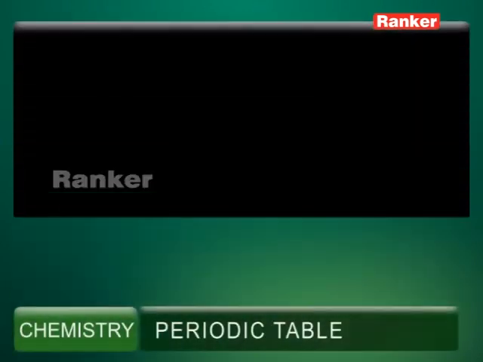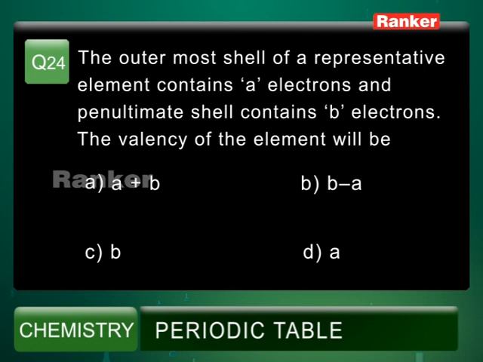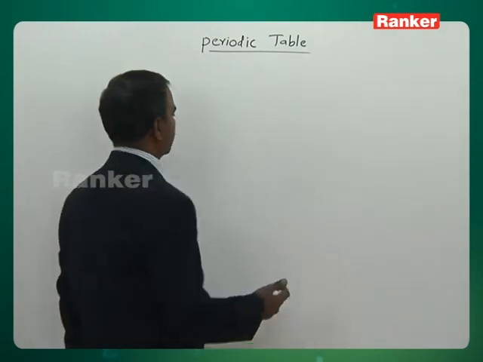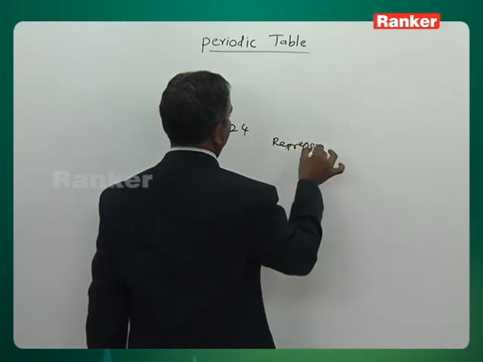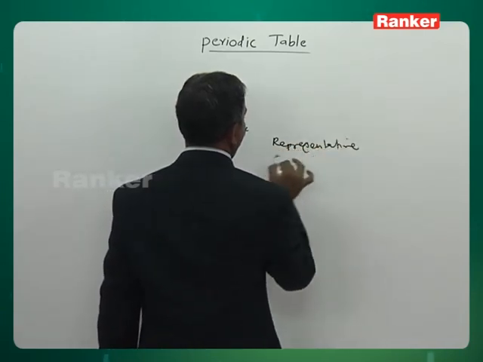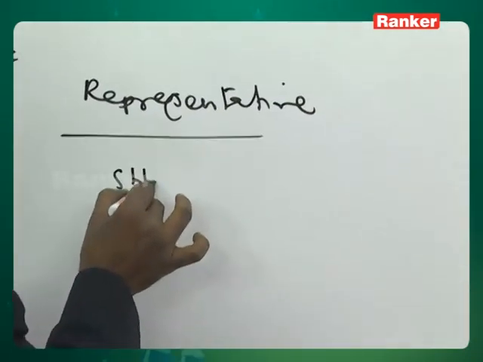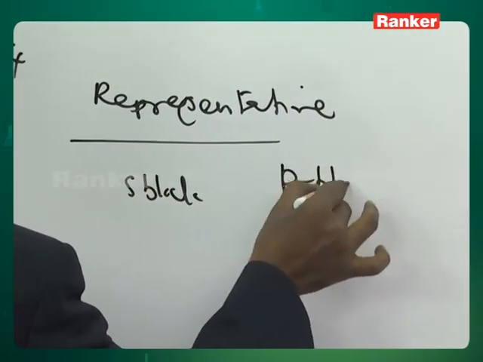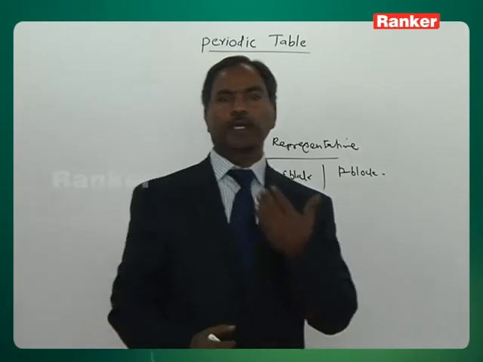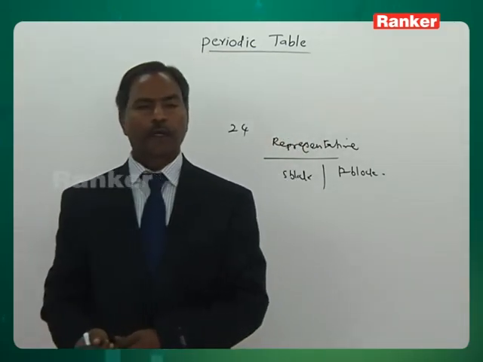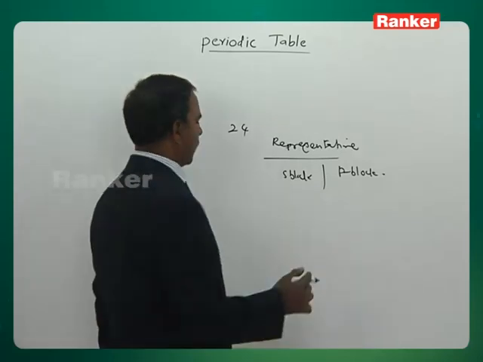Question number 24, the outermost shell of a representative element contains A electrons and the penultimate shell contains B electrons. The valency of the element will be? A representative element may be an S block or a P block element.